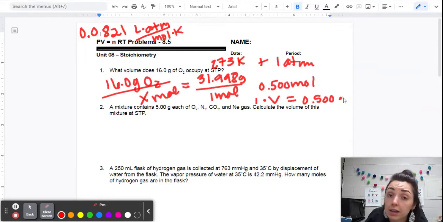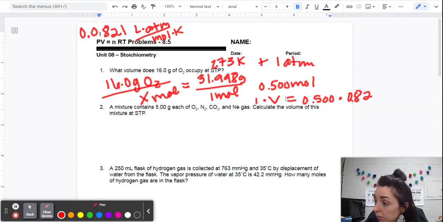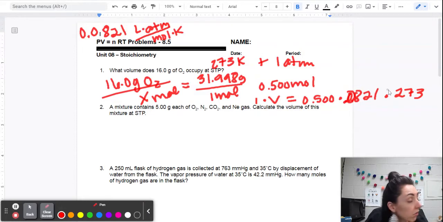Times R. That's the universal gas constant. It's always 0.0821, times our temperature, 273 Kelvin. So I'm going to multiply those all together. I'm going to end up with volume equals 11.2 liters. And that's it.